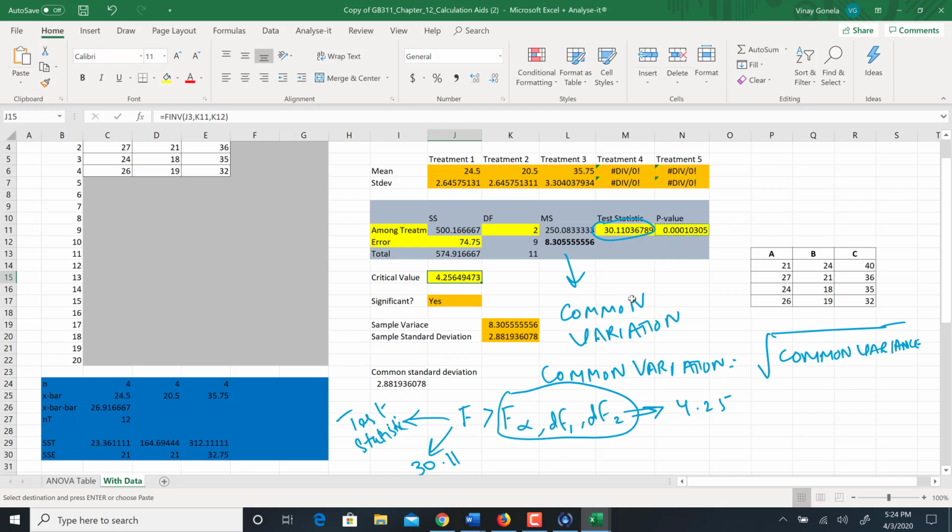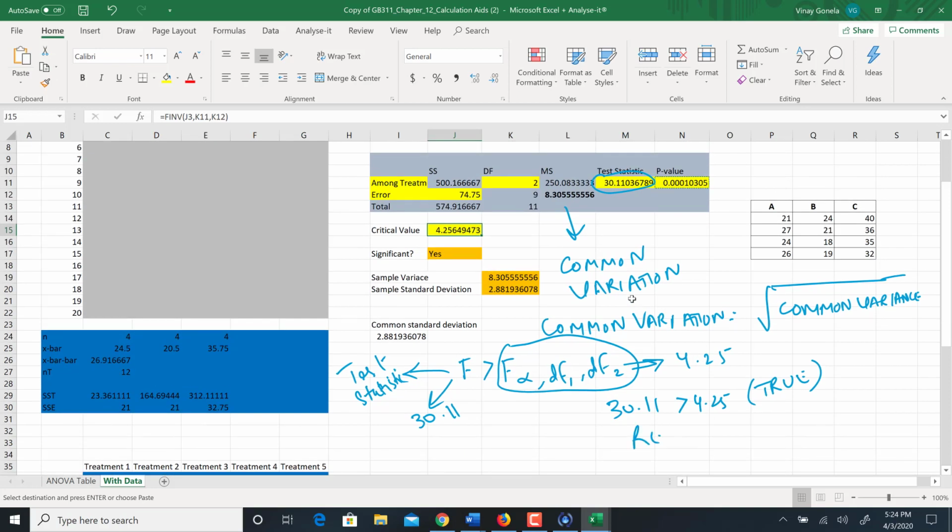So is f, 30.11, greater than 4.25? This is a true statement. So we reject our null hypothesis. That means at least one is different.